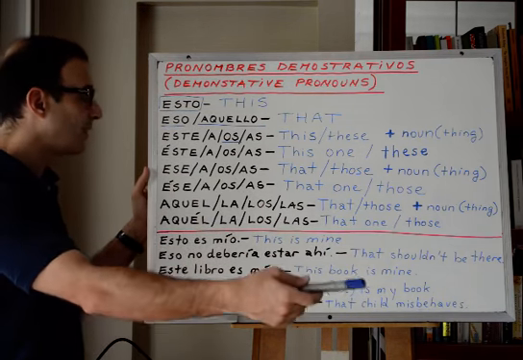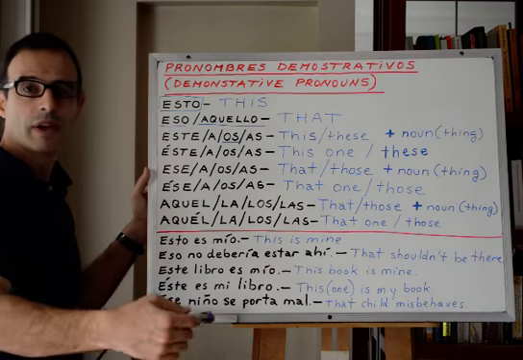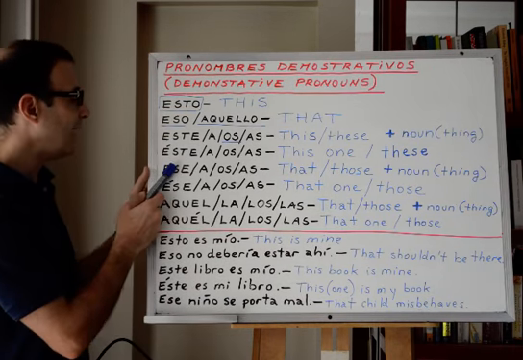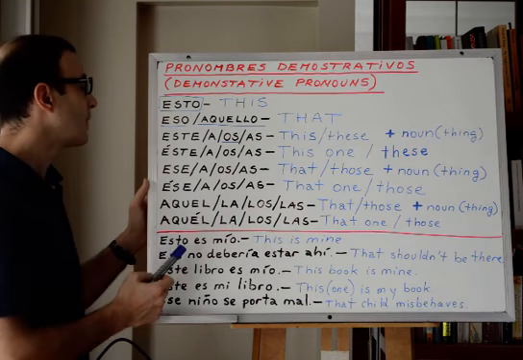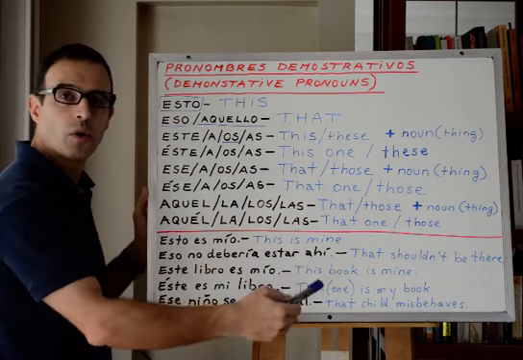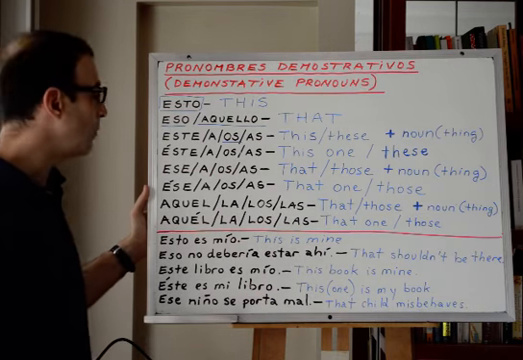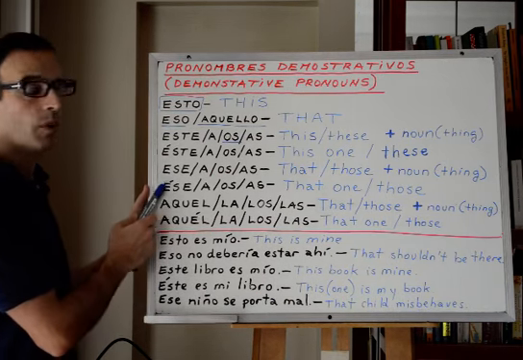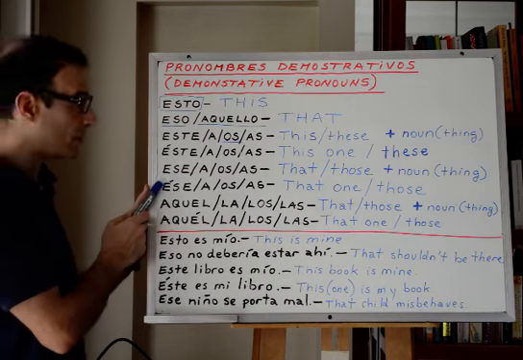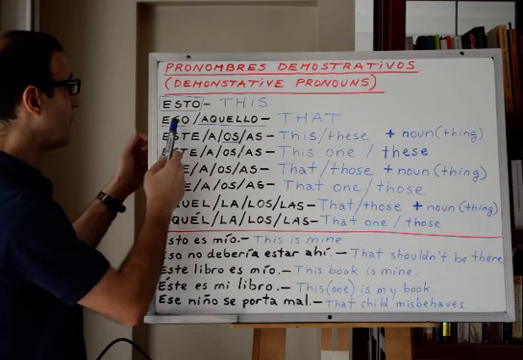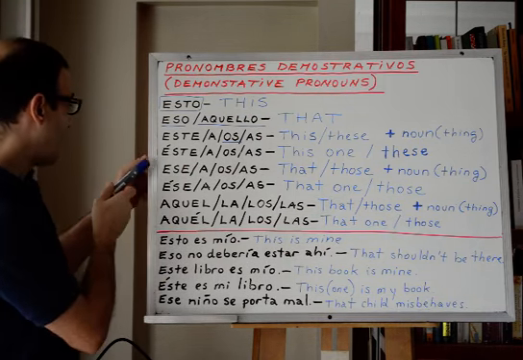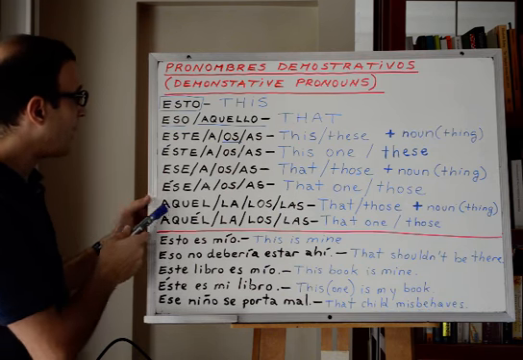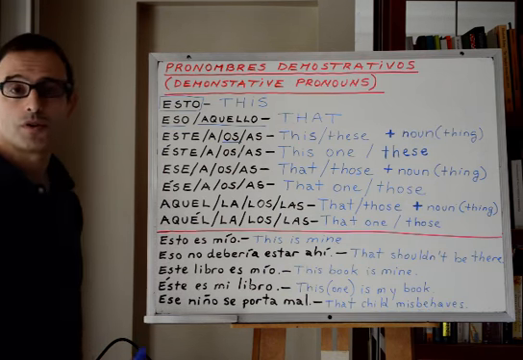Now for that or those plus the noun, we would say ese, okay, or whatever ending, right? Now, for that one or those not followed by the noun, we would say ése with the accent mark, right? Or ésa or ésos or ésas. And same as eso and aquello, which are synonyms, for ese and ése we have aquel and aquél, which are synonyms.